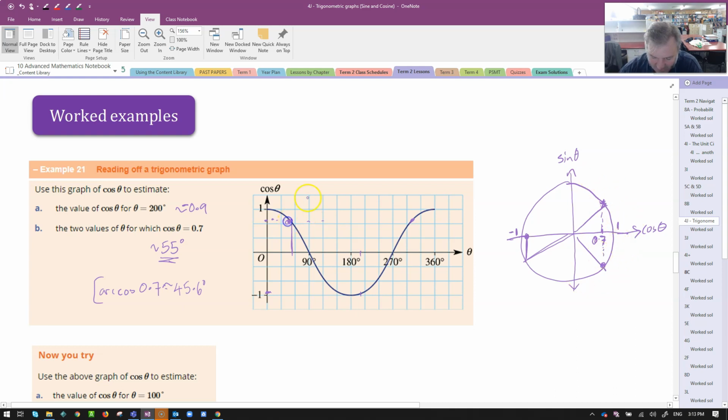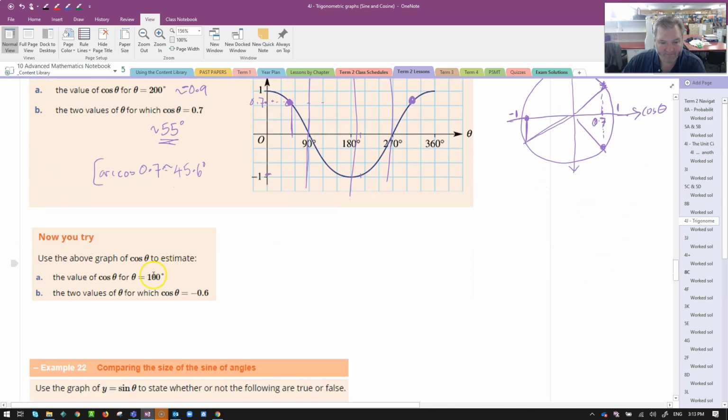Can you see how, if I break my graph up into the quadrants, here we've got first, second, third, fourth quadrant. You can see how the two values that were at 0.7 occur as expected in the first and the fourth quadrant. So you can estimate those values from your unit circle just as easily as you can from the trig graph.